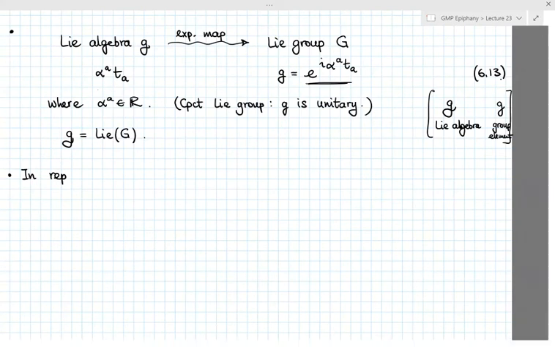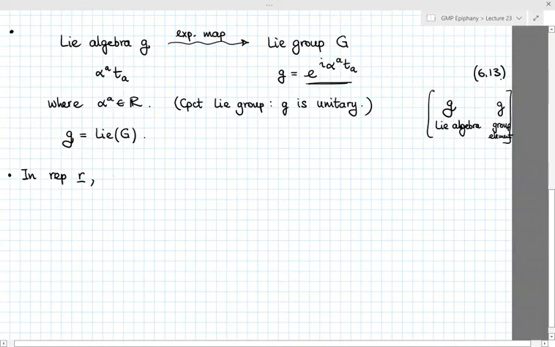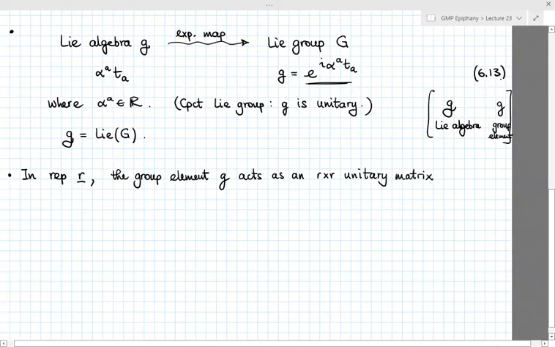And in particular, in an R-dimensional representation R, the group element G acts as an R times R unitary matrix. So there will be an action of a group element on, say, phi, which is an element of the Lie algebra, and in a given basis, we can think of this as an R-dimensional column vector.